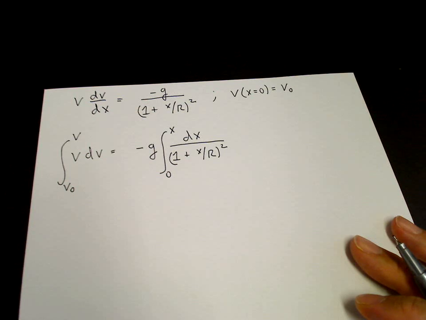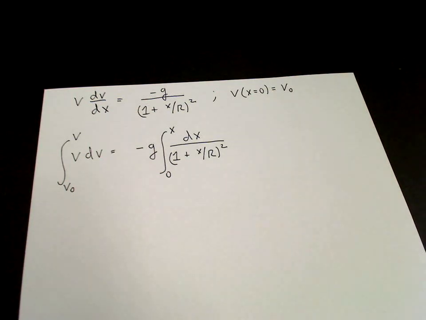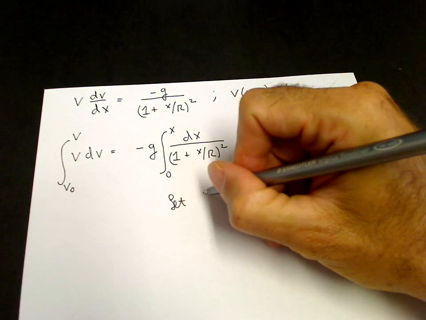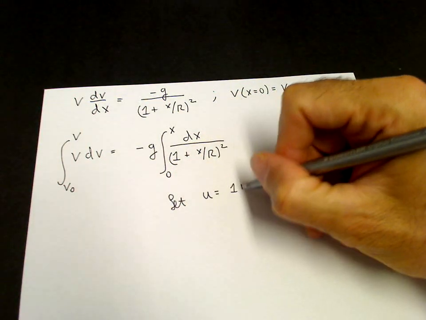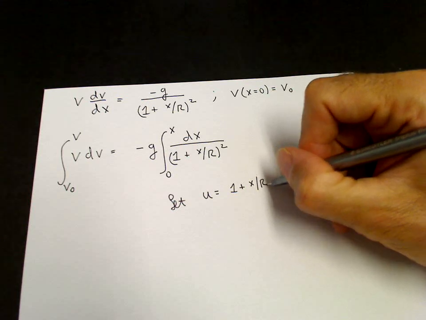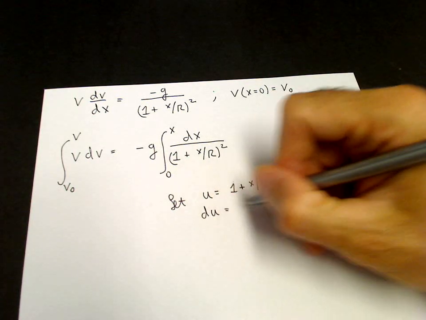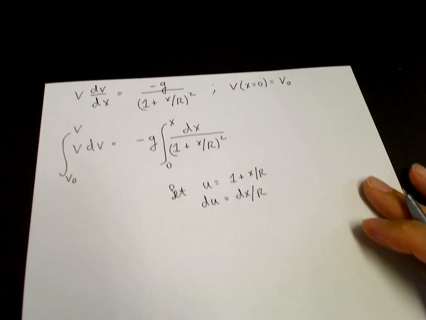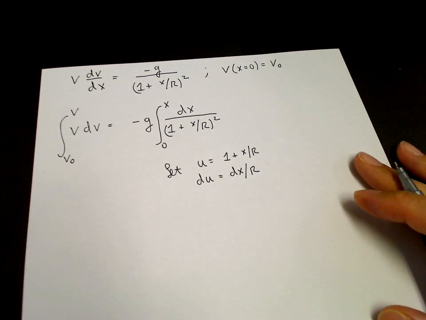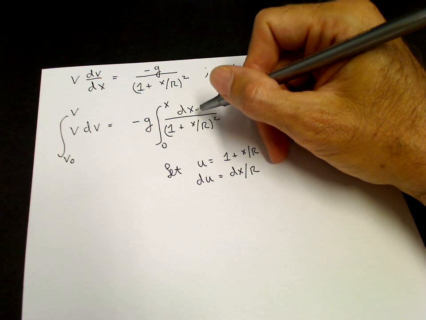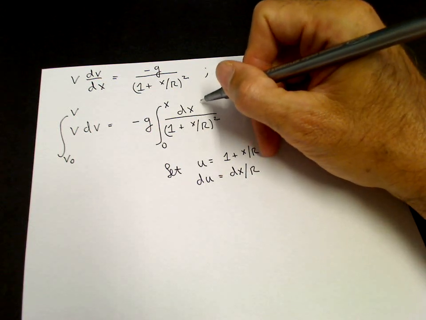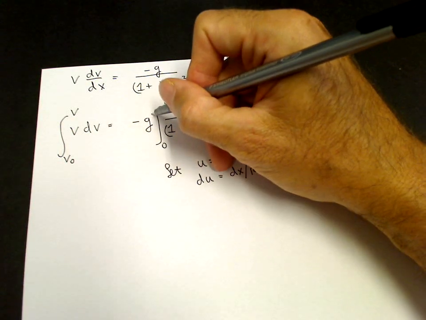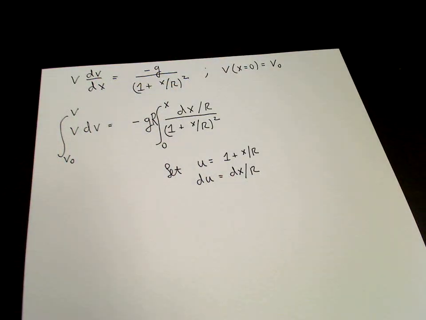The right-hand side we can do by a substitution. We can let u equals 1 plus x over r. So du is dx over r. In order to get a dx over r, we can divide through by r and multiply by r.